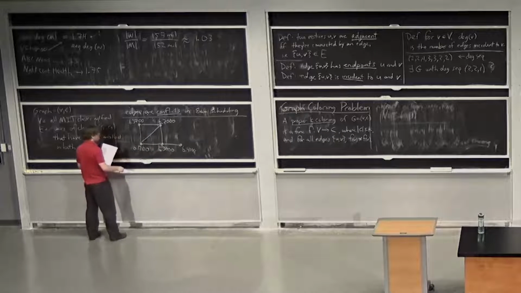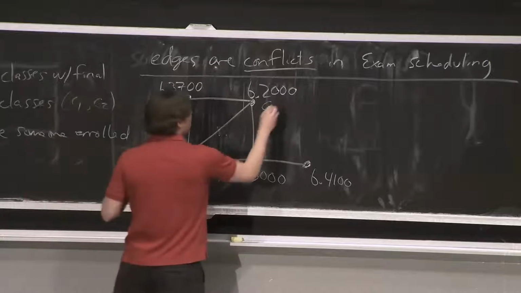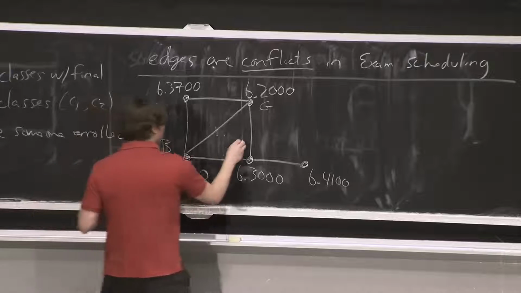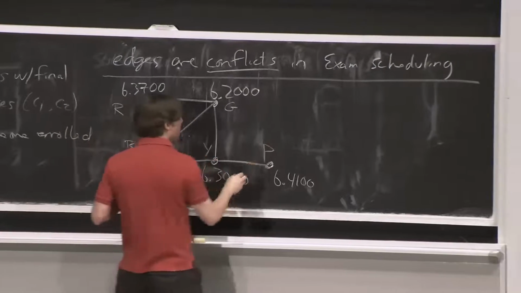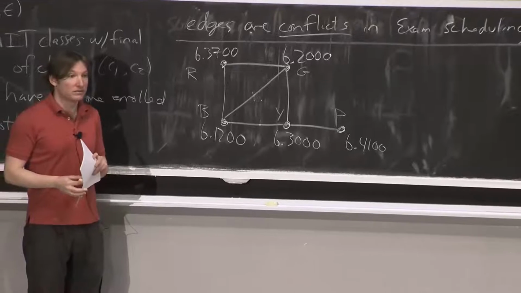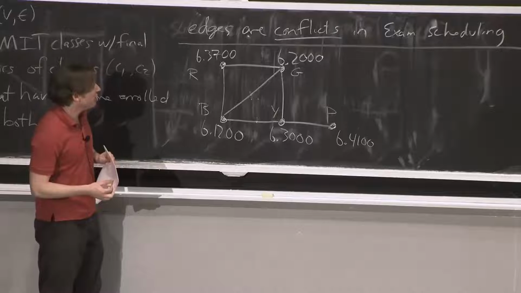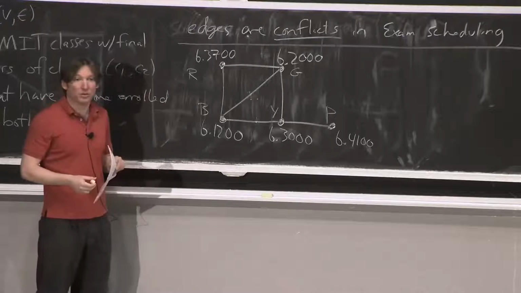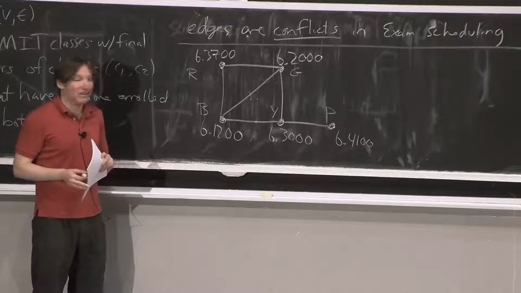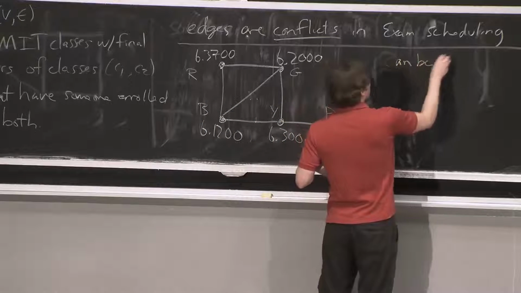OK, I'm going to color this red, and this green, and this blue, and this yellow, and this purple. Is that a proper coloring? Yeah, every edge has 2 different colors on its endpoints, because all the colors are distinct. This is a proper 5 coloring. It can be 5 colored.